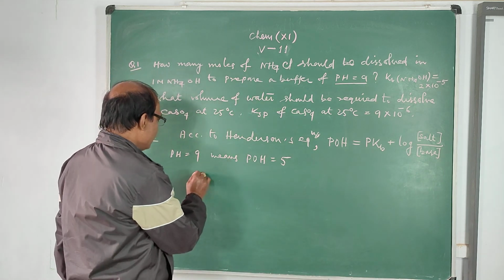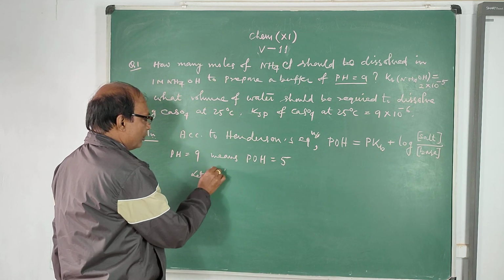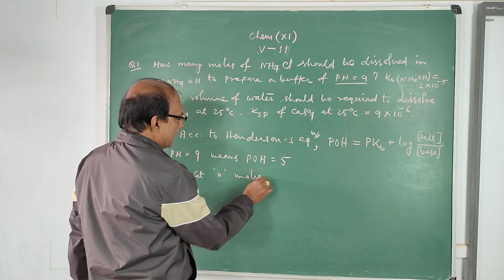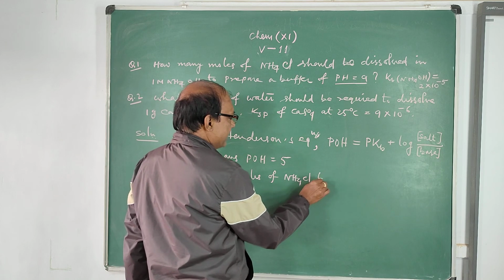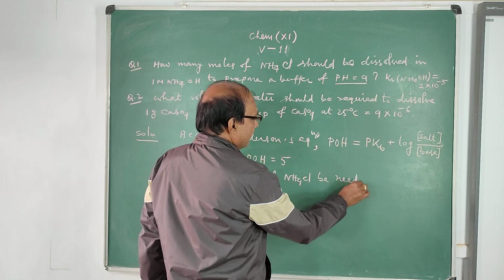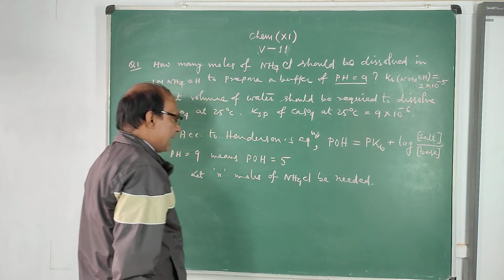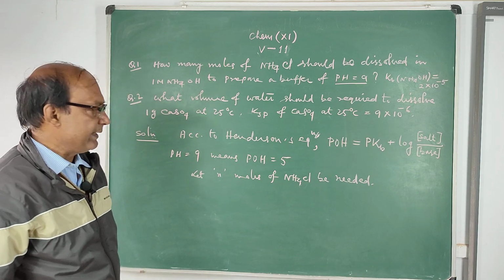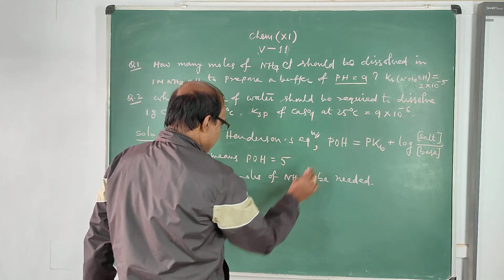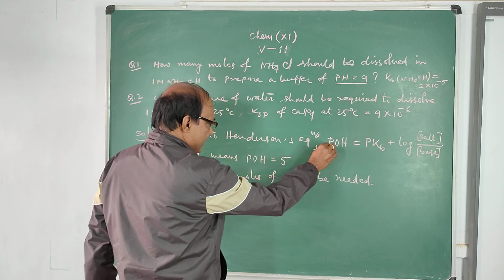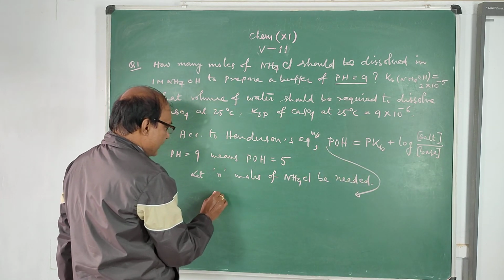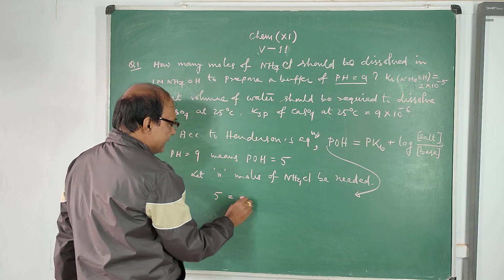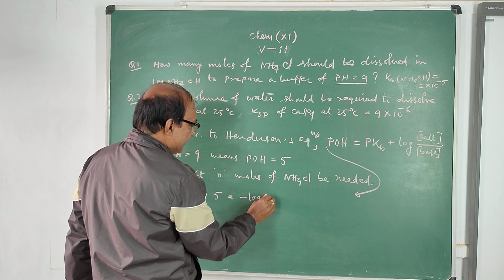Let us consider n moles of NH4Cl be needed. Therefore, putting the values in this equation, we get pOH equals 5 equals pKb, which is minus log of Kb.